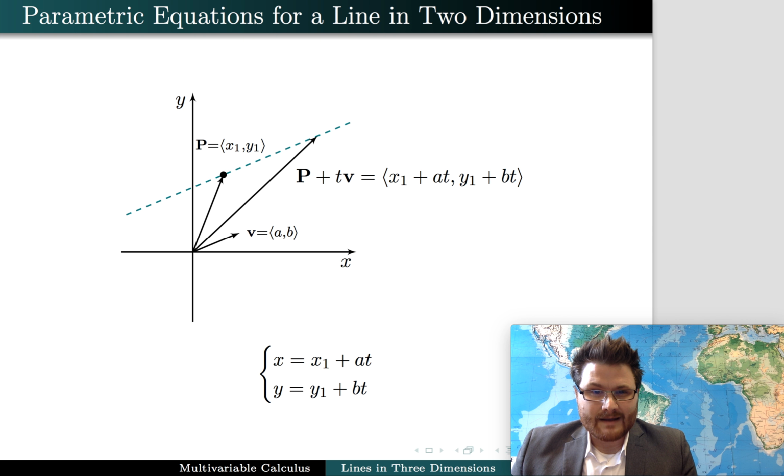So we can write down the parametric equations for the line in terms of that parameter. You pick any value for that parameter t and plug into these two equations, and you'll get the x and y coordinates of points on the line. So this is another way to describe a line in 2 dimensions using what we know about vectors.